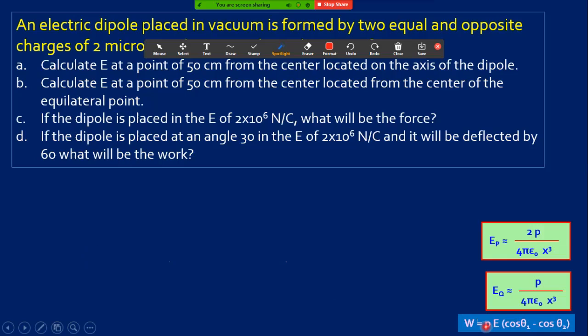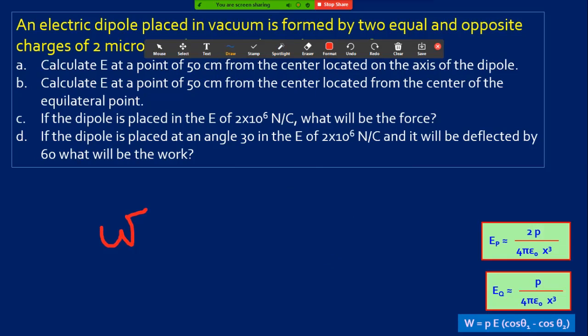So it is very easy to determine P. P is equal to 2LQ and E is given here, that is 2 × 10^6. So let's see what will happen here.